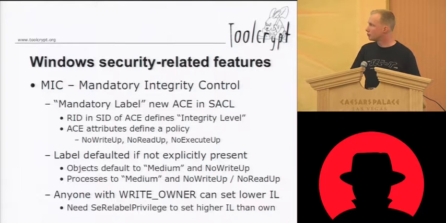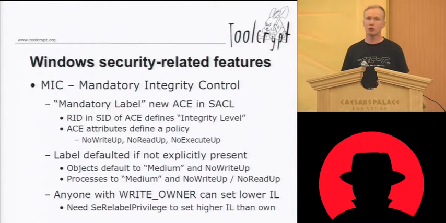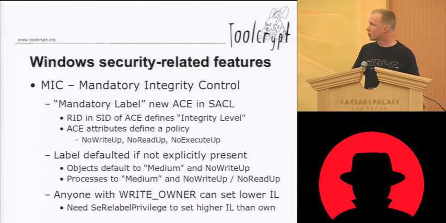And this is mandatory in such a way that it's always checked before granting access to a system resource. And it's implemented in such a way that there's a new access control entry in the system access control list, which is called a mandatory label access control entry.